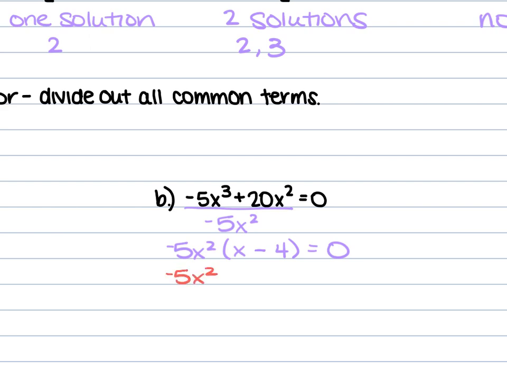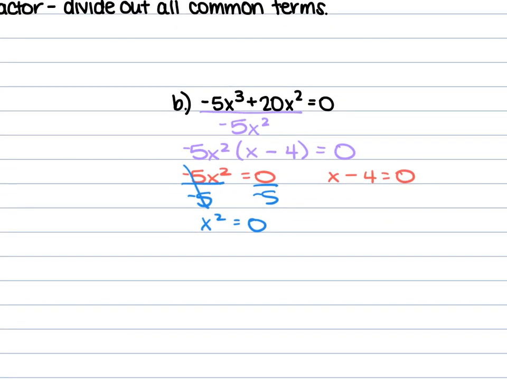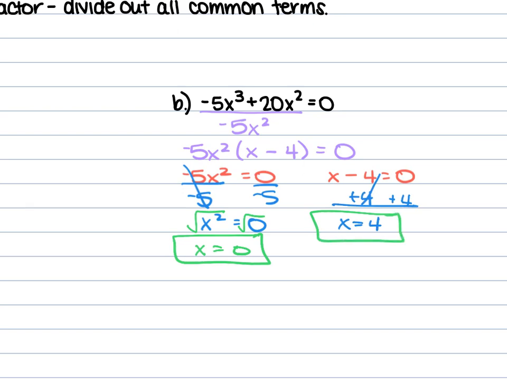So the negative 5x squared is equal to 0, and then the x minus 4 is equal to 0. Solve for both. The negative 5x squared, we're going to divide negative 5 from both sides, get x squared is equal to 0, and then take the square root of both sides and get that x is equal to 0. For the x minus 4, we're just going to add the 4 to both sides, and we get that x is equal to 4. So we have 0 and 4 that are solutions.